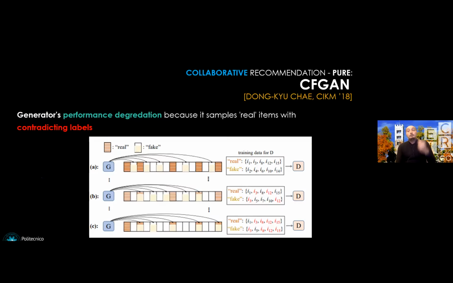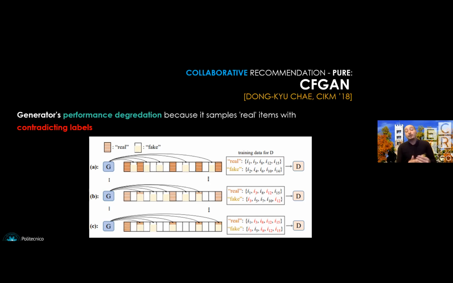So, but why do we observe this performance degradation in IRGAN? Long story short, this is due to the fact that when the generator generates these discrete item indices, this results in a poor sampling of items from the set of available items.